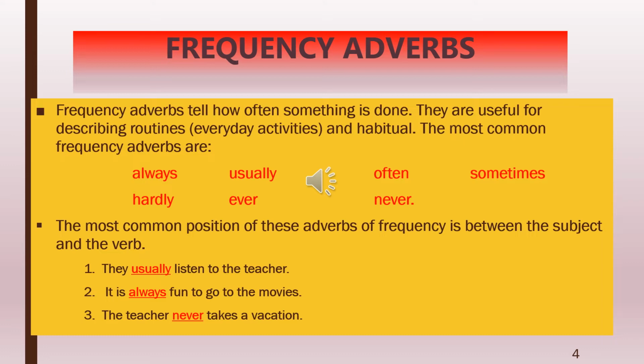Always means that you do it all the time. This is coming from 100%, all the way down to never, which is 0. Between 100% and 0, you have usually, often, sometimes, and hardly ever. So it's moving from 100% to 0%, and in the middle you have how frequently you do something.